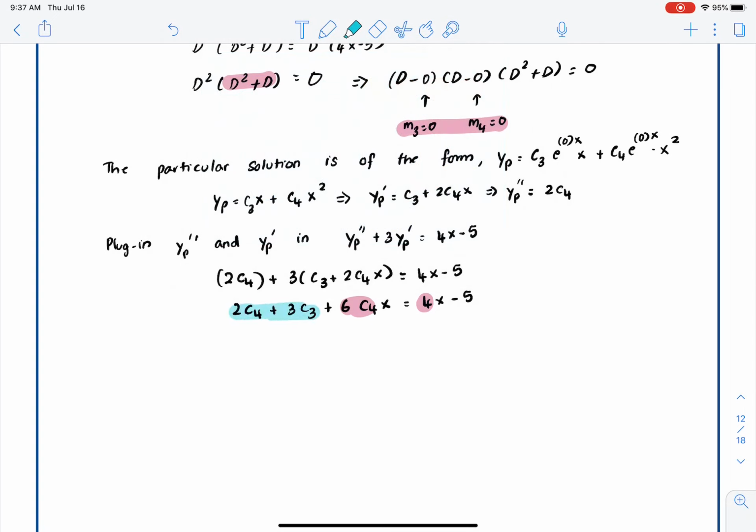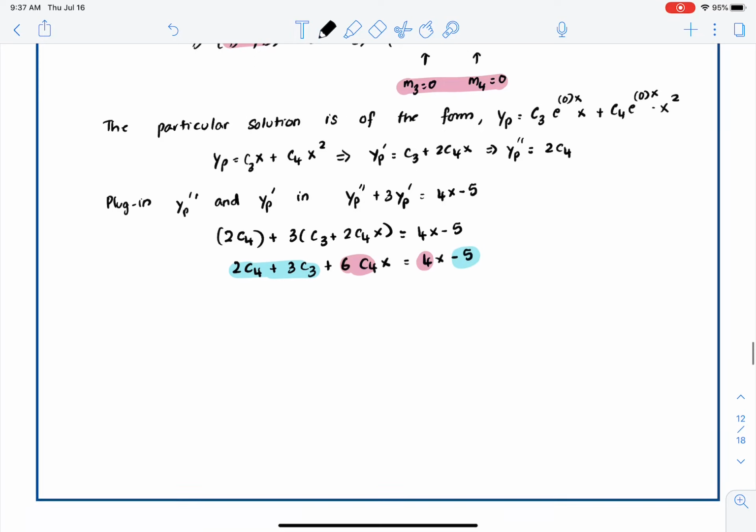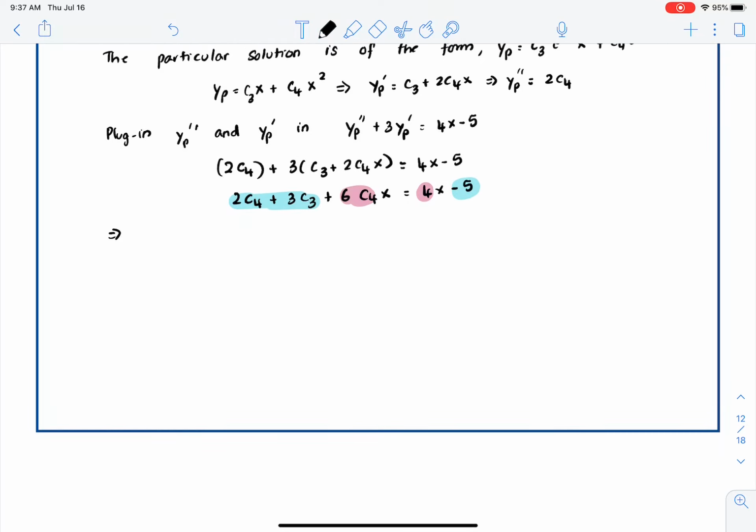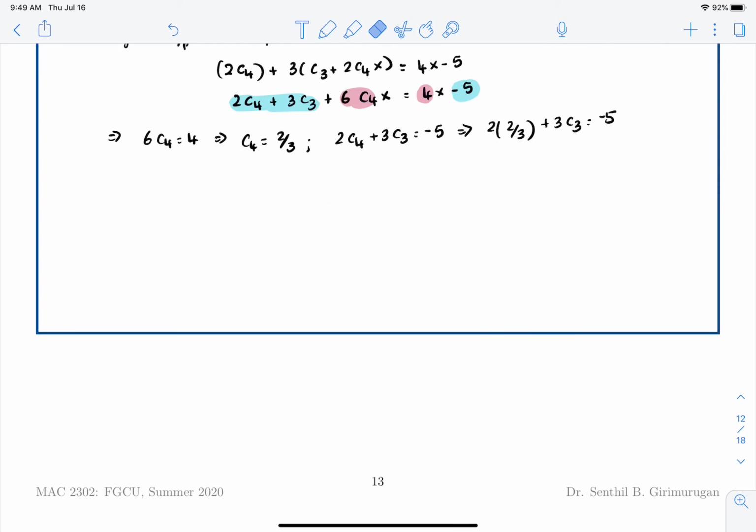and 2c4 plus c3 would equal negative 5. Which would mean c4 is 2 over 3. 2c4 plus c3 equals negative 5. So 2 times 2 over 3 plus 3c3 equals negative 5. Which would mean 4 over 3 plus 3c3 would equal negative 5.